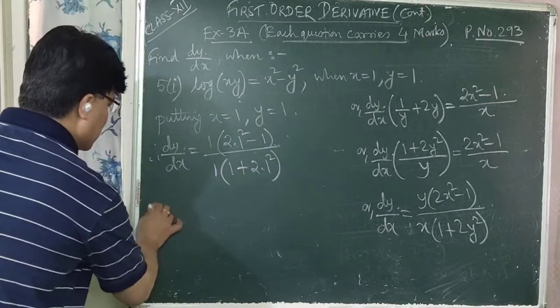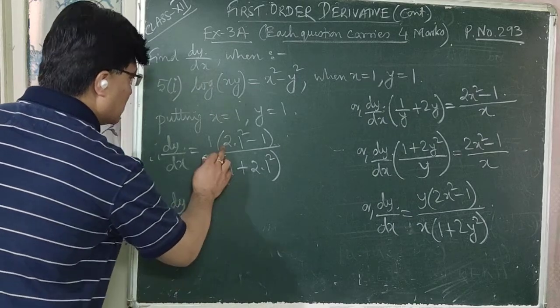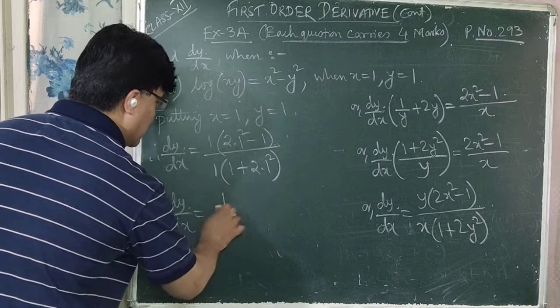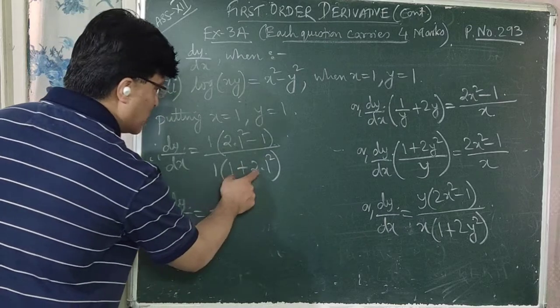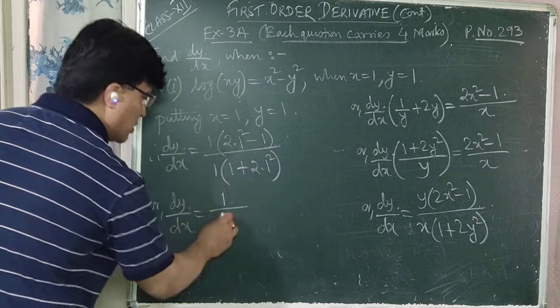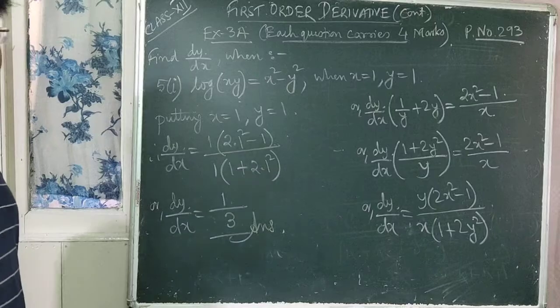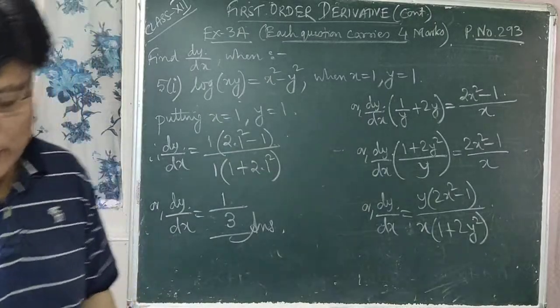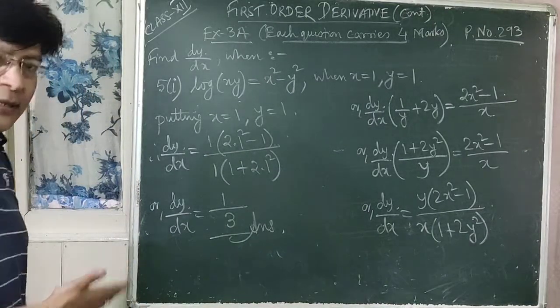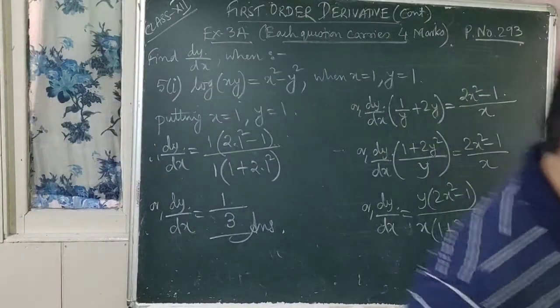So let's simplify it. dy by dx is equal to, this is 2 ones are 2 minus 1, that is 1, divided by 1 plus 2 ones are 2, 1 square is 1, 2 ones are 2, 2 plus 1 is 3. So 3 ones are 3. So what is the final answer? The final answer is dy by dx is equal to 1 upon 3. So this is the answer. So you can copy it. We'll do the next question now.